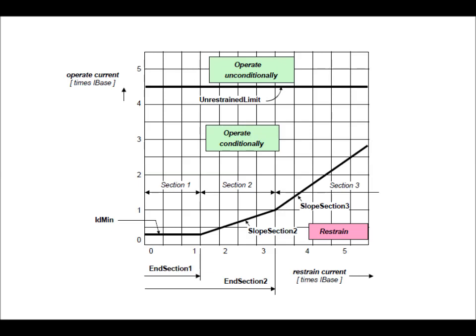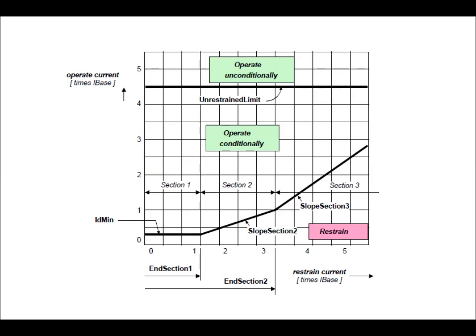The differential characteristics for RET670 have been shown in this diagram. The characteristics for RET670 and RET650 are almost the same. In the characteristics is shown the initial slope, the initial boundary for bias current in section 1 up to end section 1.